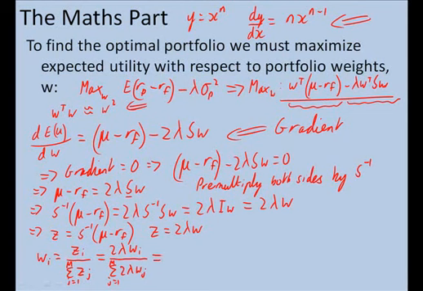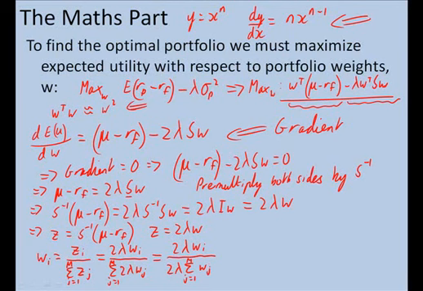We can simplify this formula now. We get 2 lambda Wi all divided by 2 times lambda times the summation from j equals 1 to m Wj. We can take the 2 lambda outside the summation because it's not linked to j. It's not stock specific.